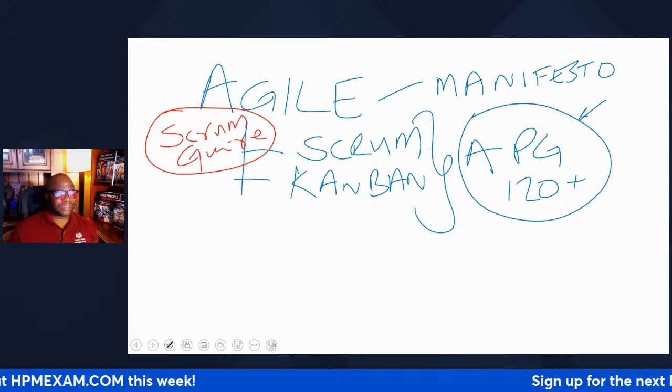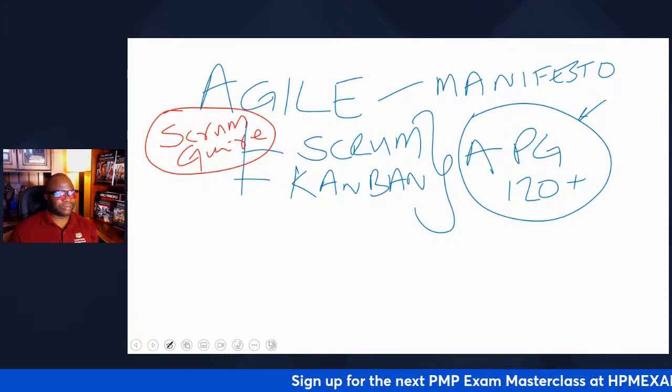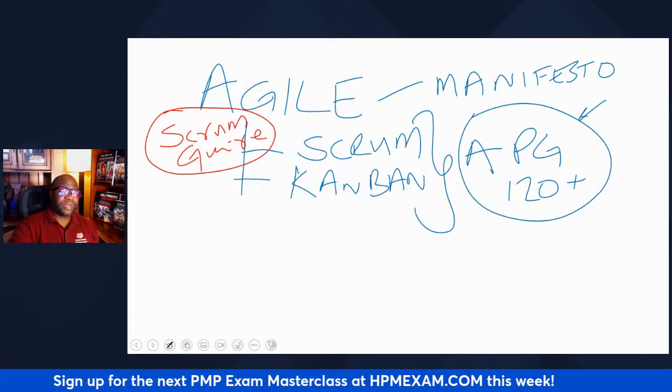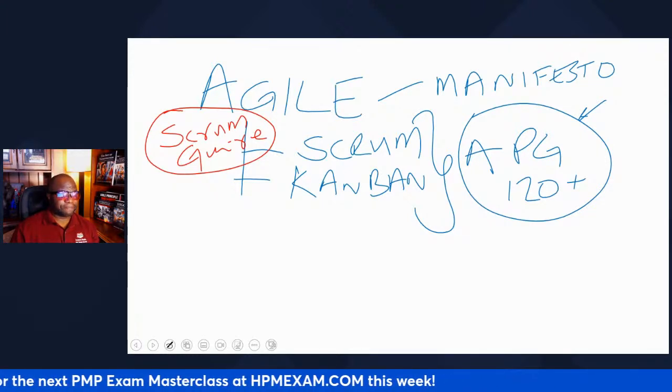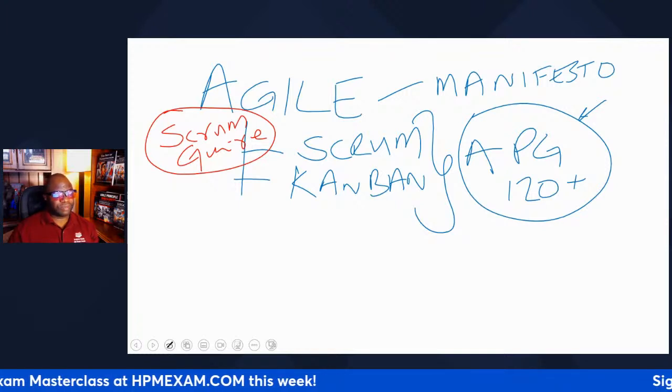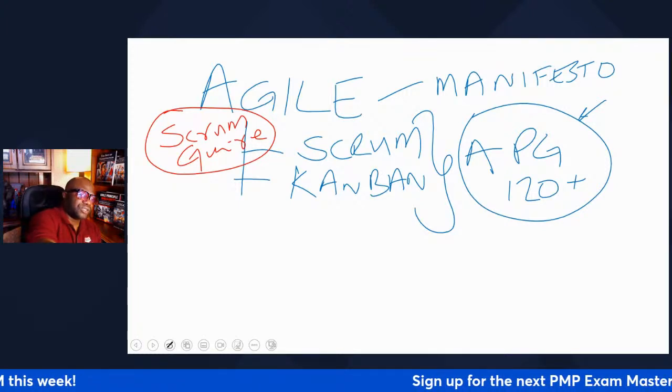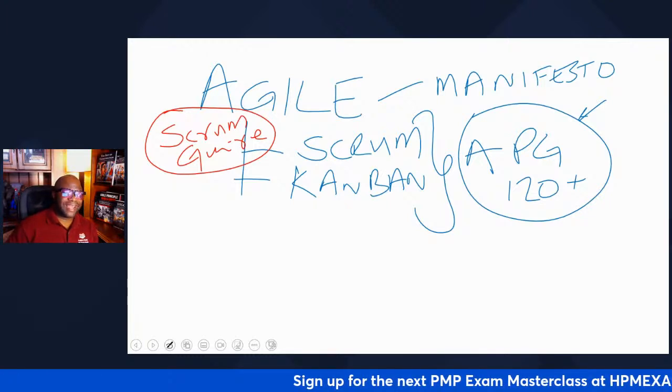You don't have to go get SAFe. SAFe is actually quite unhealthy when you boil it down. It goes against the manifesto in many ways. So your best bet if you wanted to scale up is to go to Ken Schwaber's website. I don't work for Ken, by the way, but in addition to Scrum, we have the Nexus Guide.